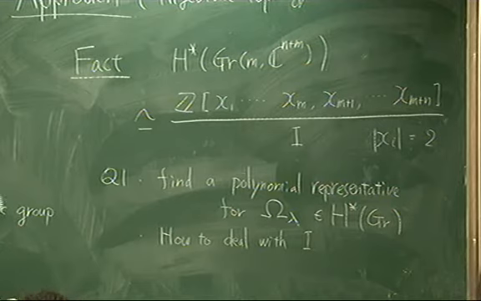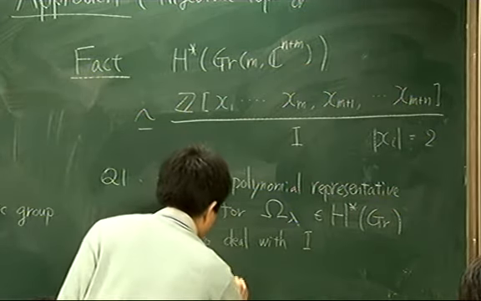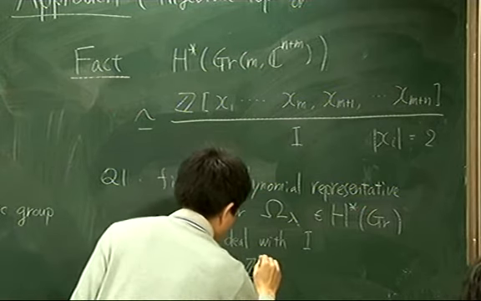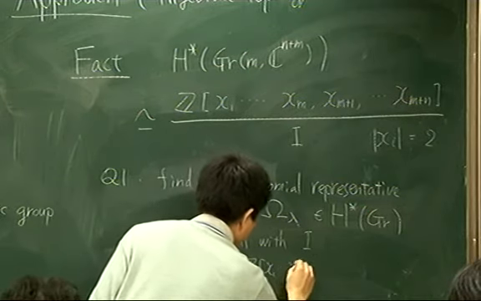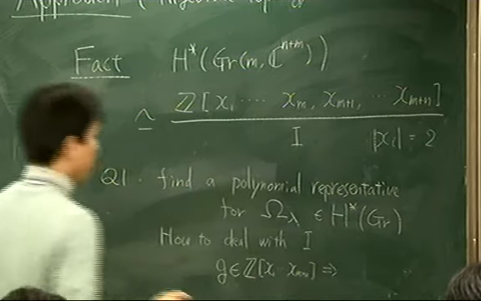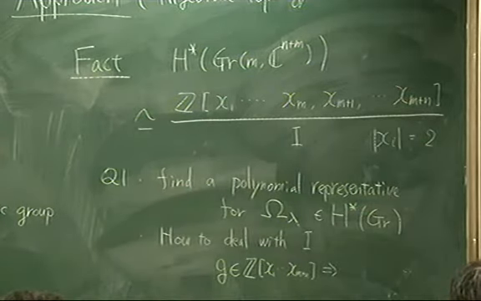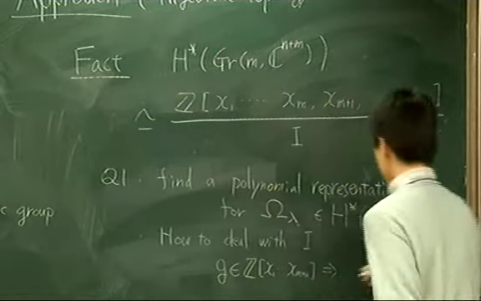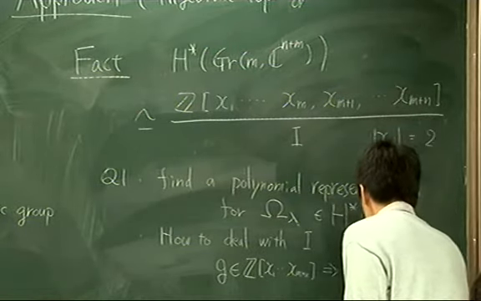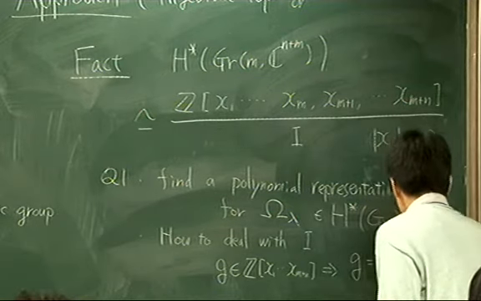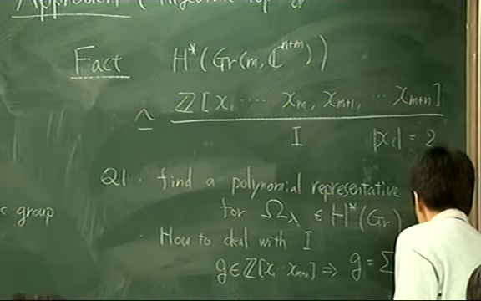More explicitly, if we have some polynomial here, can we have some efficient algorithm to decompose it into the Schubert basis?